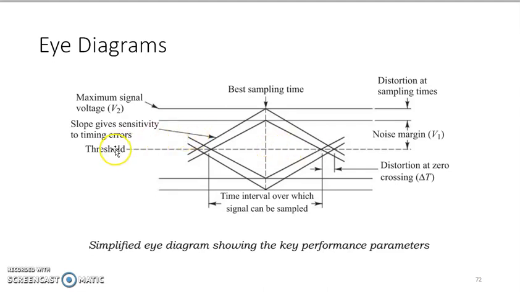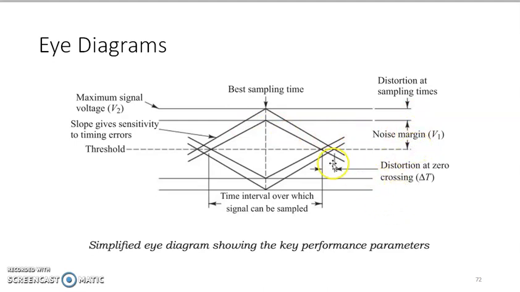Here the threshold is given, defining one level of the signal, and we have a signal received. So we can have a label for the signal: the maximum signal level, voltage V2, and a noise margin of V1 here.